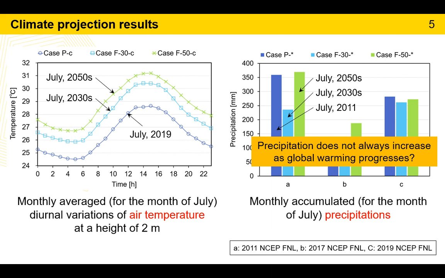It is considered that as global warming progresses, the water evaporation from water bodies will increase, and it will bring a larger amount of precipitation. But this result does not show such a trend. Therefore, a more detailed examination on this matter is required as a future issue.